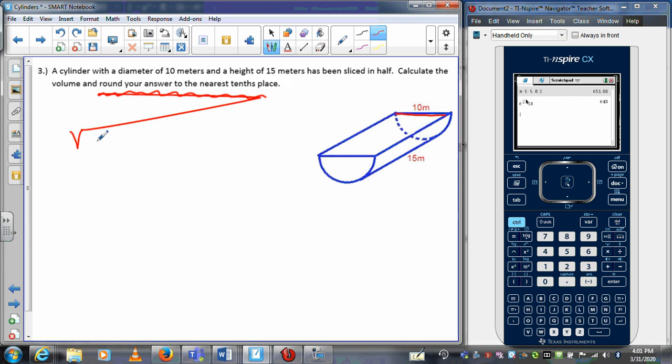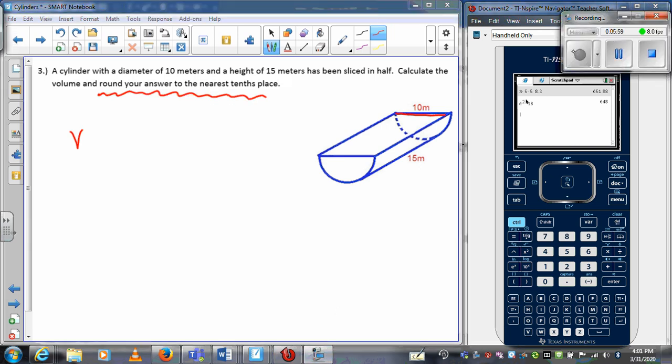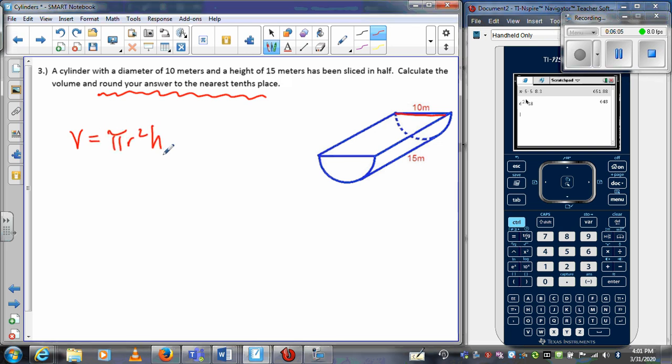So volume is equal to pi r squared h. The problem is I don't want all of it, I want half of it. So I could do one of two things. I could cut it in half, or you can put a half in the front and say one half pi r squared h. And if you don't like a half, you could use 0.5 when you're typing it in the calculator.